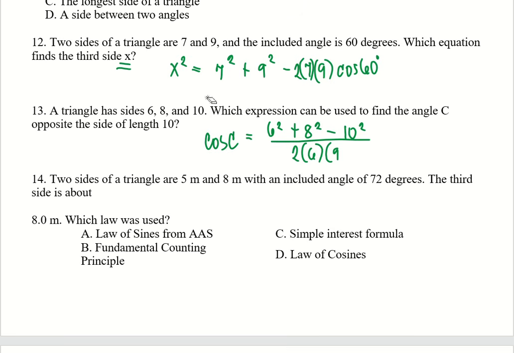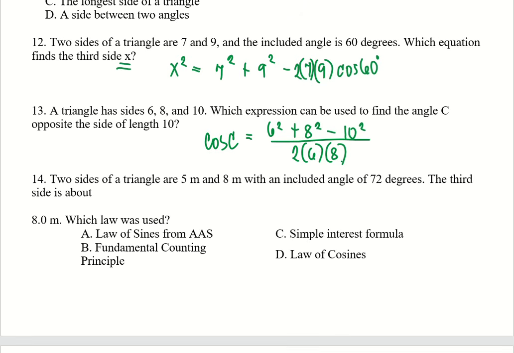Wait. Sorry. 2 times 6 times 8. I was looking at the previous. Okay, so cosine C is equal to 6 squared plus 8 squared minus 10 squared over 2 times 6 times 8.